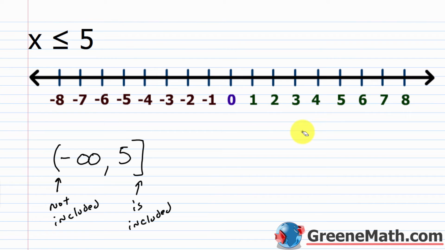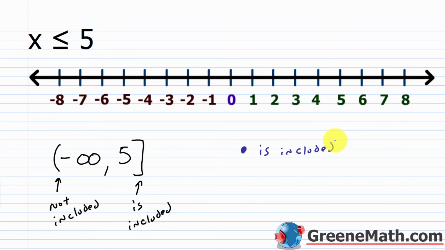Your teacher, your textbook, your tutor, whoever you're using to learn this information may do things a little bit differently. When you graph things, you can do it in the way that I showed you, perfectly legal, perfectly acceptable, or there's another way. Instead of using a bracket, when something's included, you use a filled in circle or a filled in dot. So this means is included.